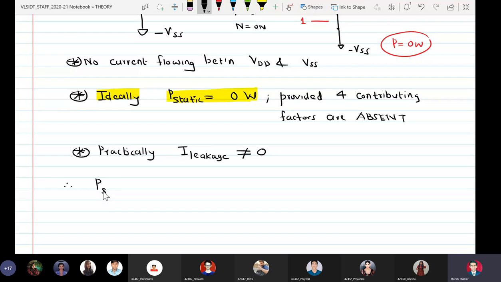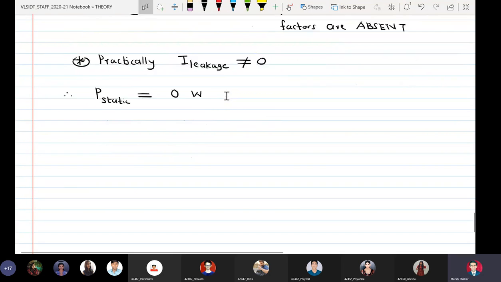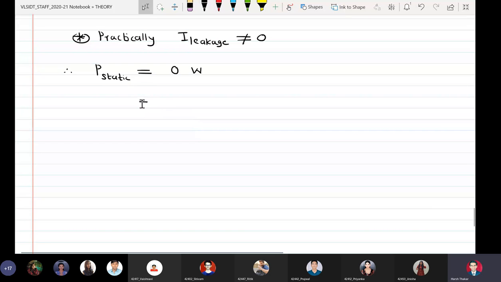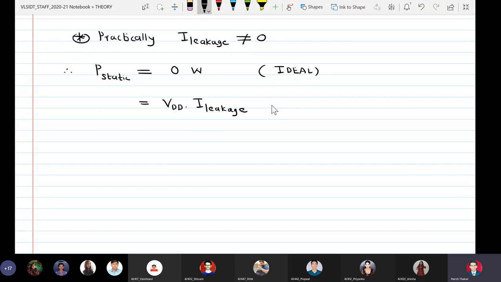Therefore, the static power dissipation is equal to 0 watt, or it is equal to VDD into I leakage. So we say this is ideal, and here we say it is practical.